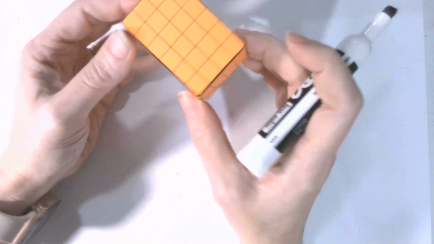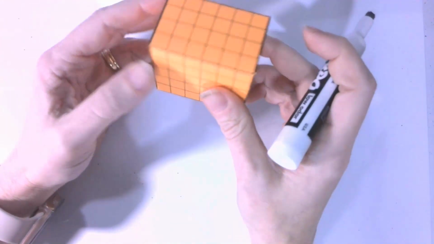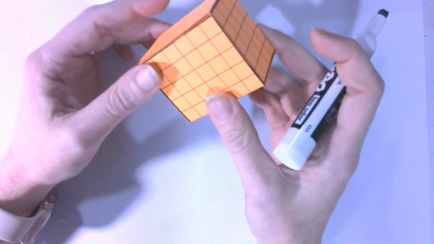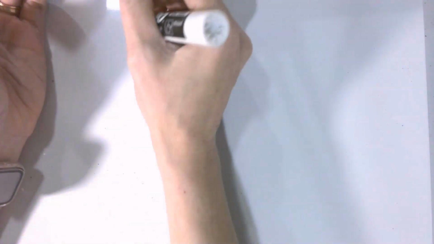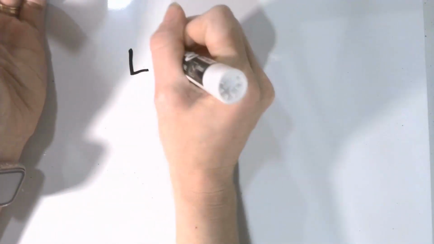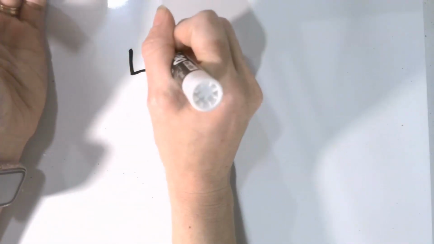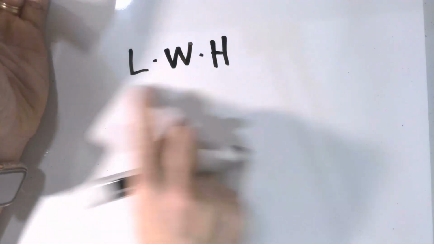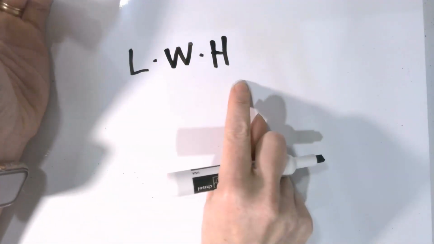When you have a rectangular prism, this is one that's just all orange for you to look at, and you're asked for the surface area of the entire rectangular prism, I want you to think about your formula for volume, which is length times width times height, because I want you to remember those 3 dimensions, okay?